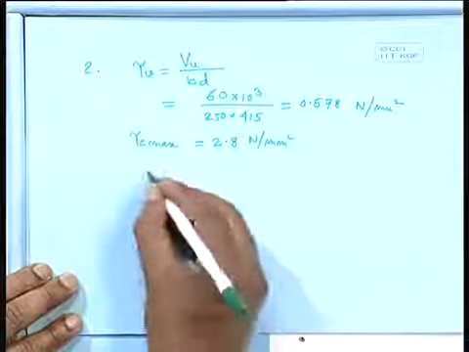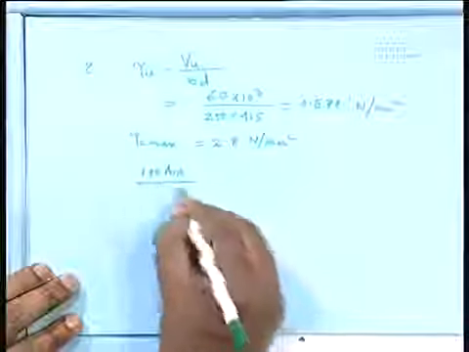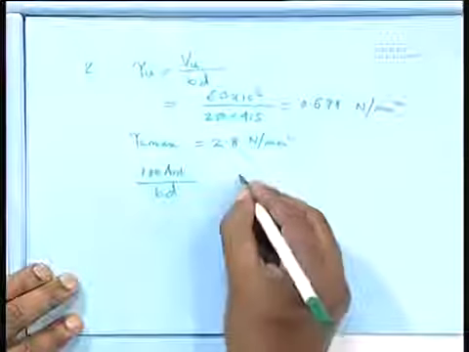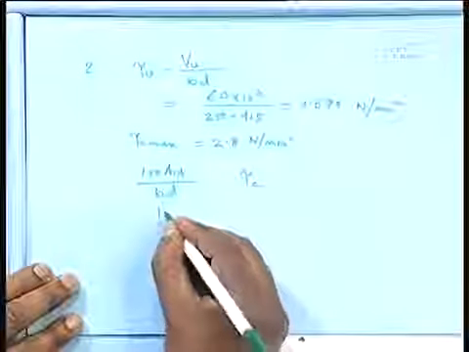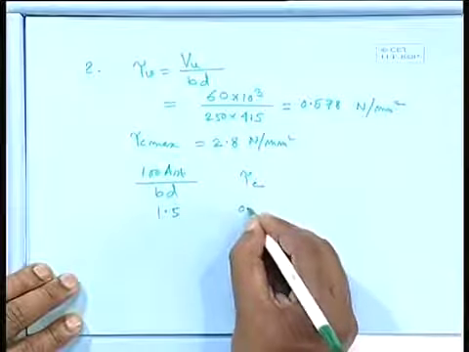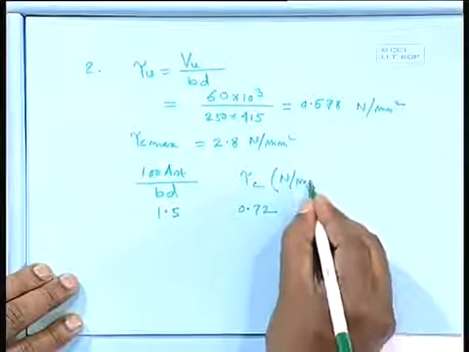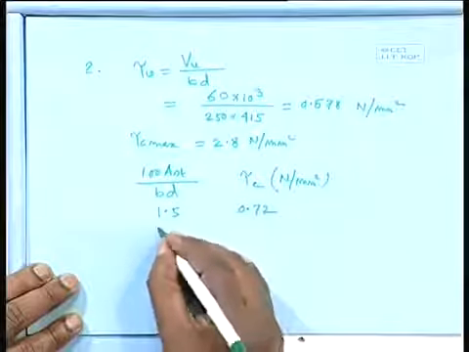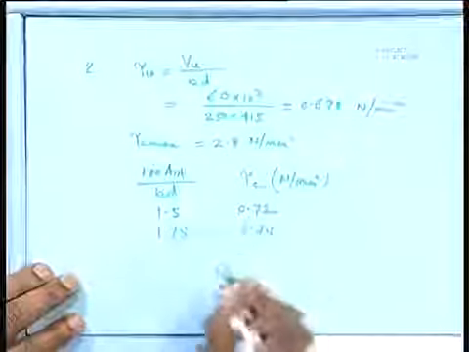From table 19 we shall get 100 AST by BD and tau C. For 1.5, we are getting 0.72, this is in Newton per square millimeter, and for 1.75, 0.75.